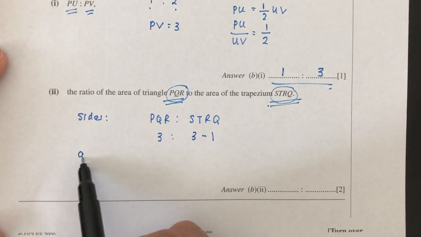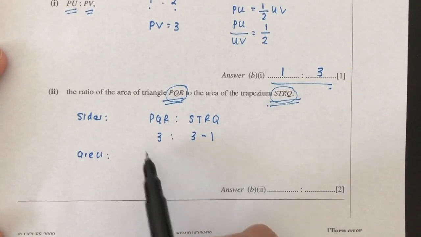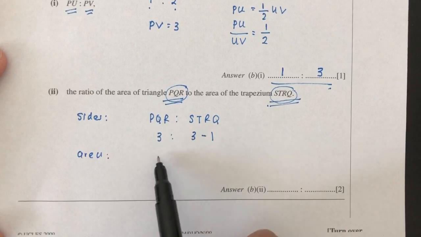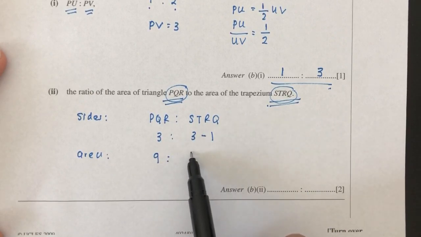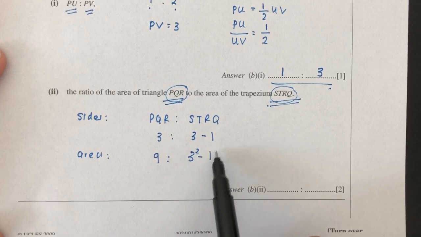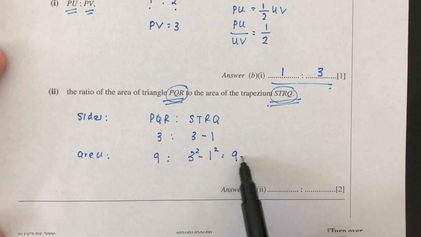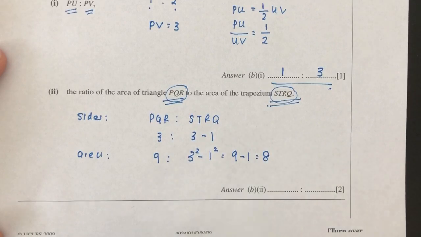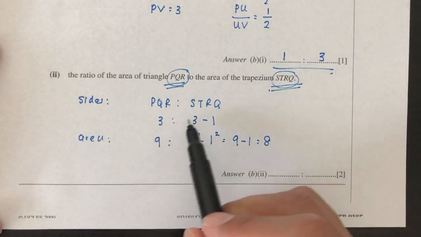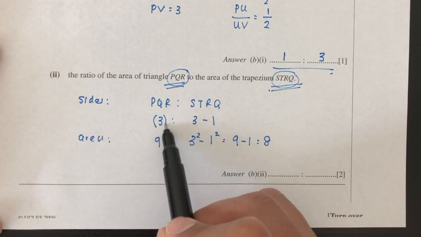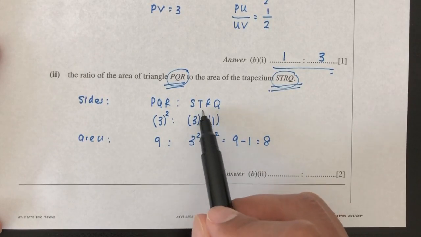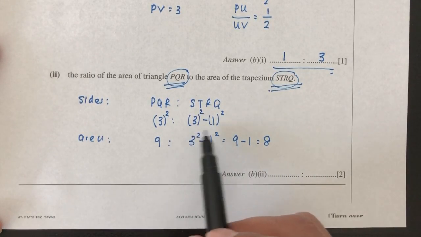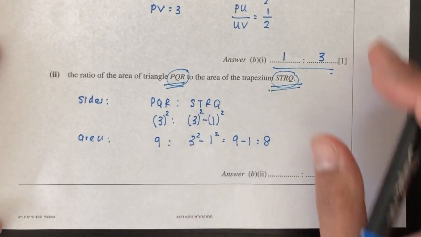Now for area, we have to square each side. So this will become 9 and this will be 3 squared minus 1 squared. That will be 9 minus 1, which is 8. So we don't square this, but we do it separately for the areas, because this is how you'll find the area of the trapezium.